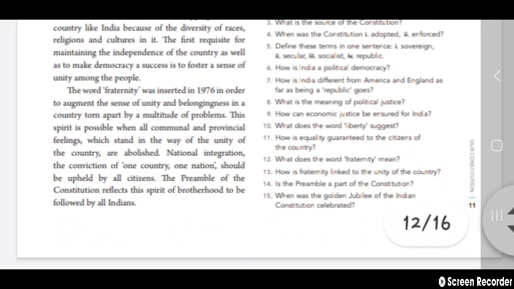The word fraternity was inserted in 1976 to strengthen the sense of unity and belongingness in a country torn apart by a multitude of problems.